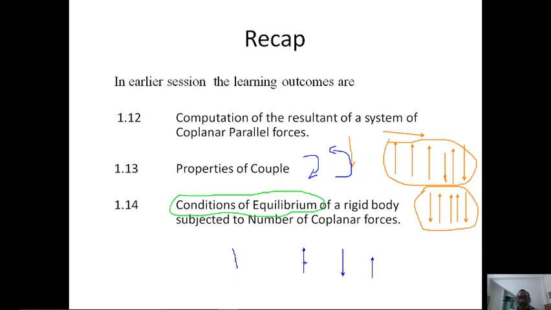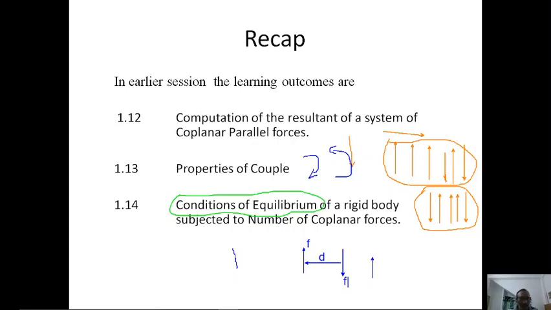They are separated at a distance of d, and the forces are of the same magnitude. The force should be the same, its magnitude will be the same.